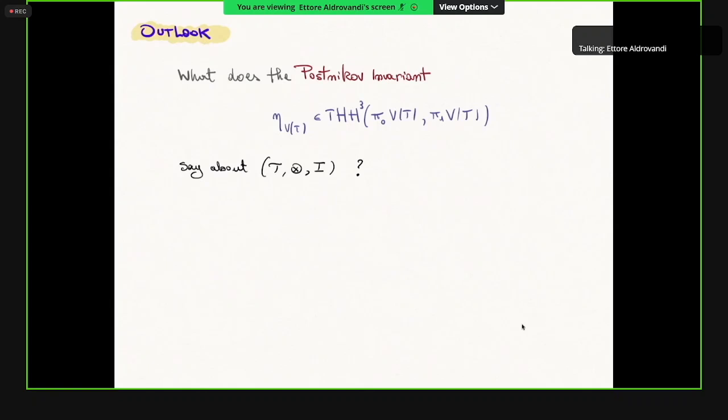So the question that has inspired this work is, what does this class, if anything, say about the original tensor triangulated category? In particular, there are certain elements in K1 that can be explicitly detected. Does this class allow us to do that?